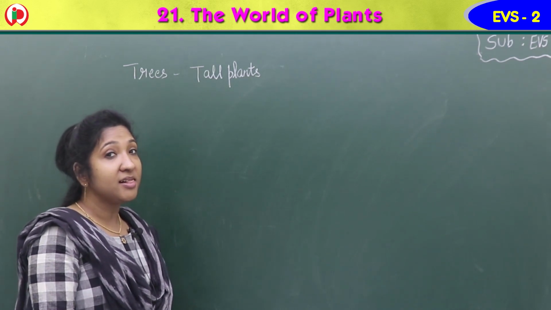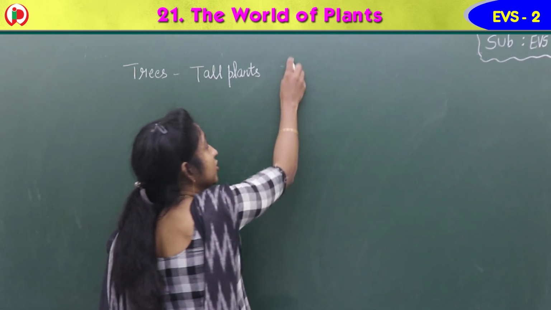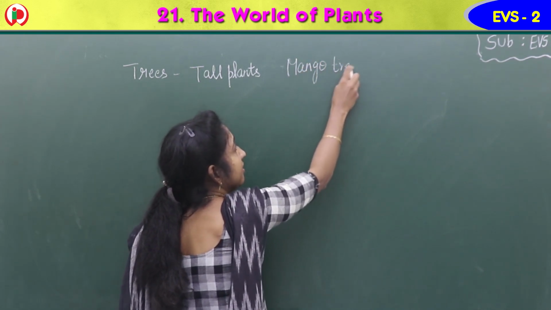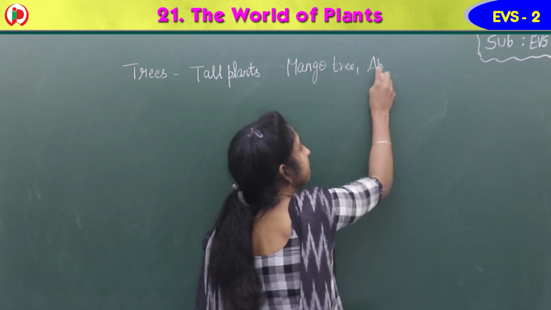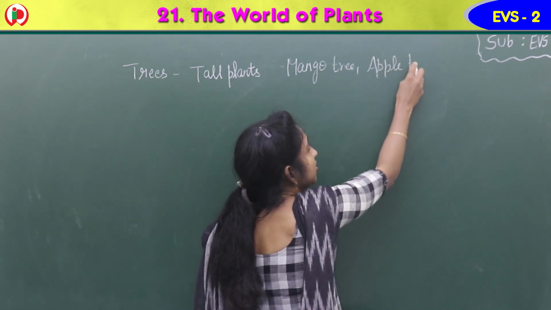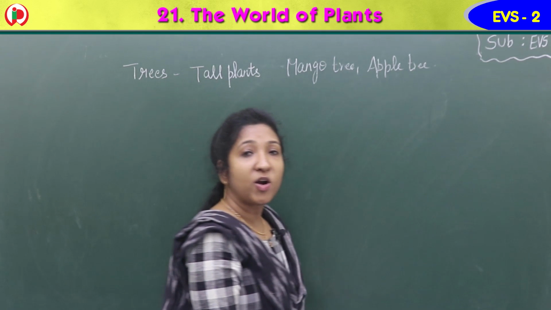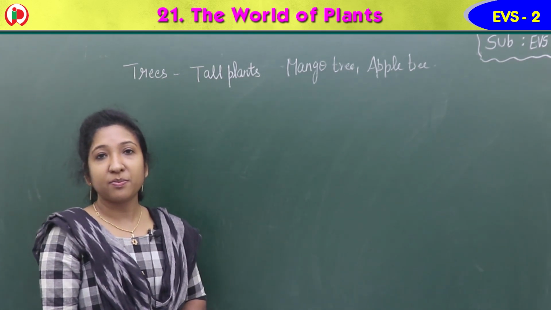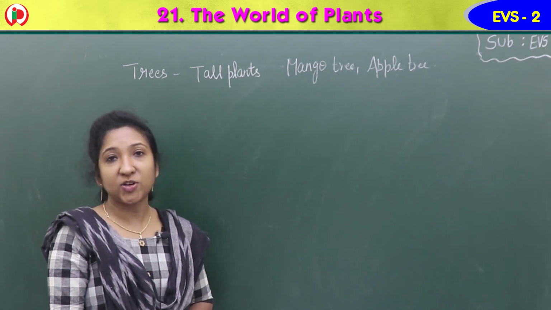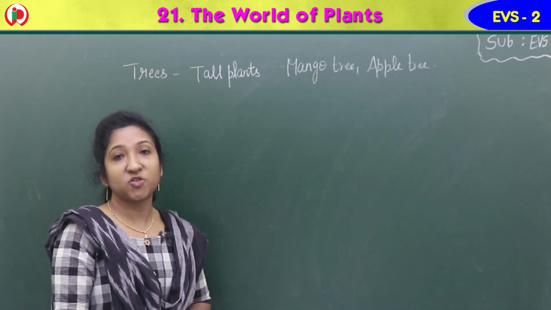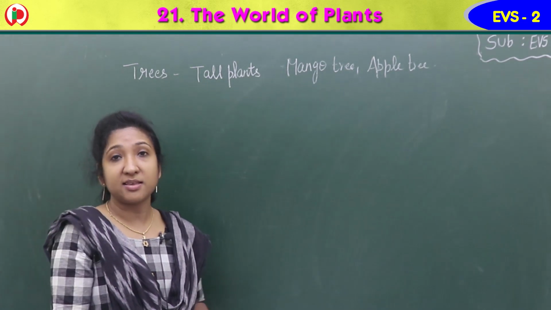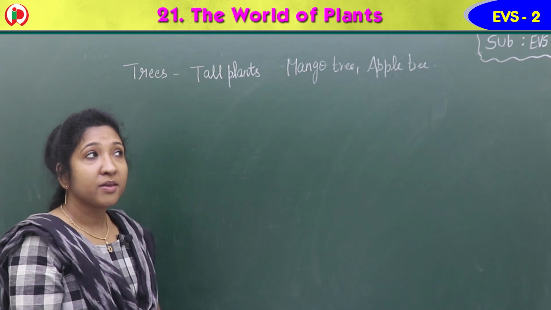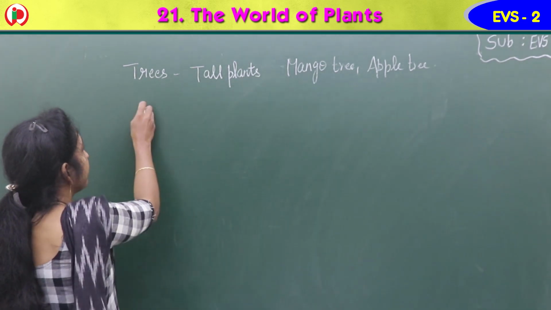Examples: mango tree, apple tree, neem tree, banyan tree, B-A-N-Y-A-N. They are all examples of trees. Trees live for many years. Then next we learned about shrubs.